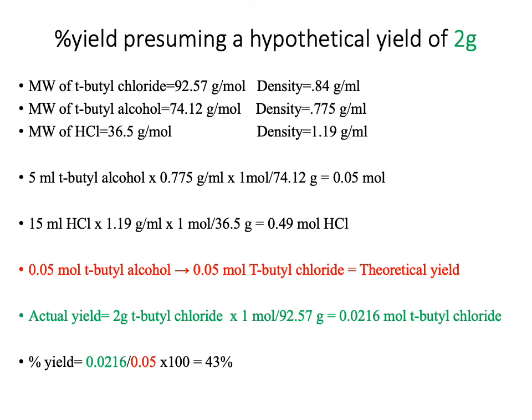We know that the yield is obtained based on the moles of the product over the reactants. So you need to first measure the moles of the butyl chloride that we obtained, which is 0.0216 over 0.05. So we obtained 43% as the yield of this experiment.